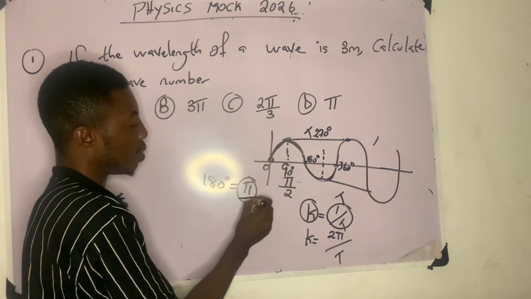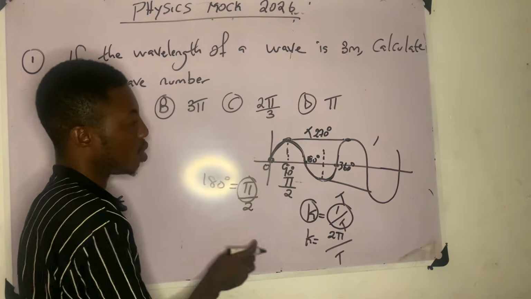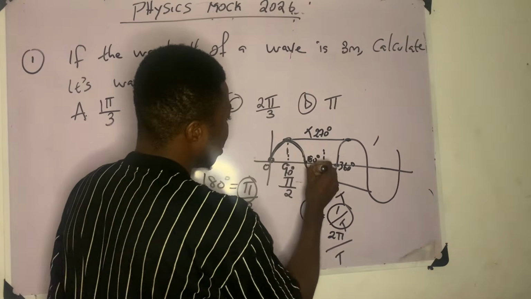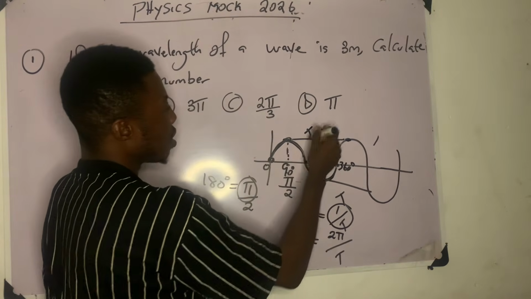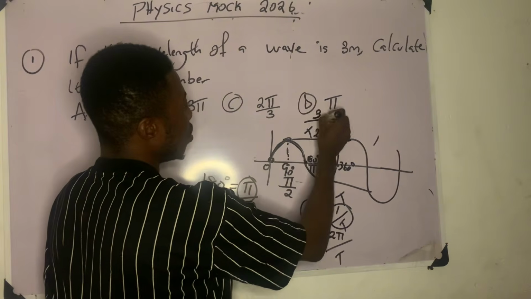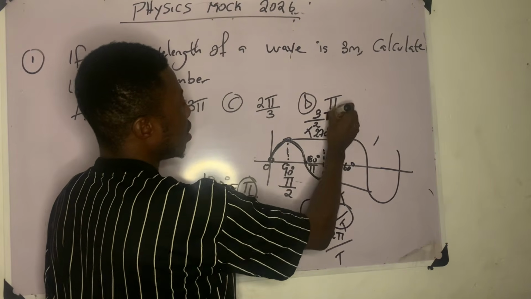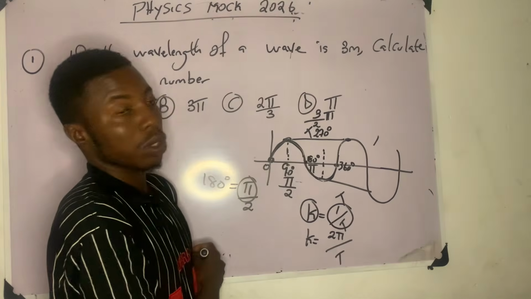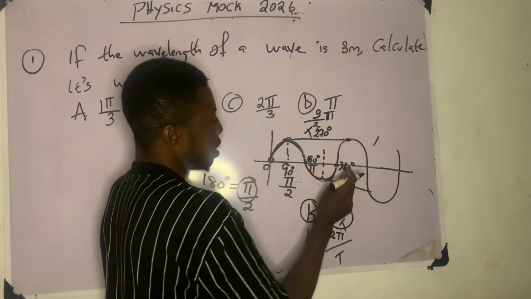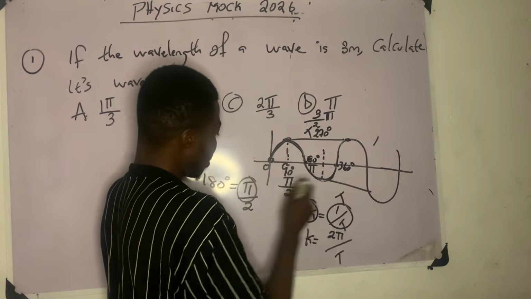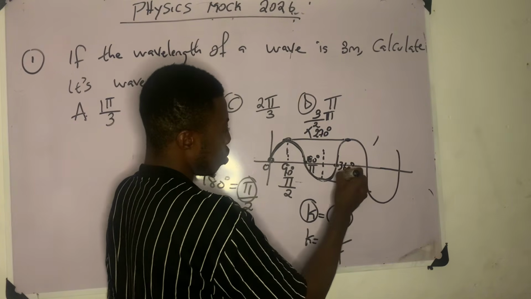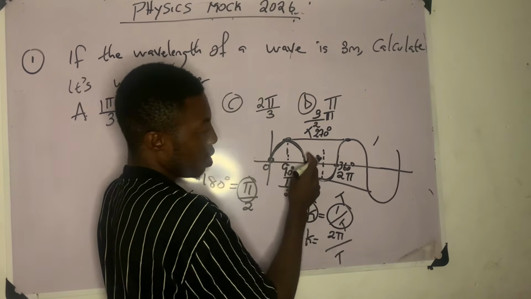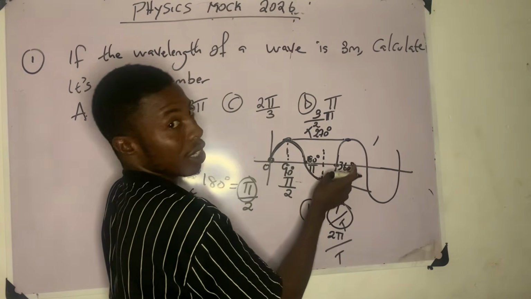Reaching this place, we have 180, which is pi. Then for 270, it's going to be 3 pi over 2, because 3 times 180 divided by 2 gives you 270. Then our 360 is going to be 2 pi, because 2 times 180 gives you 360.